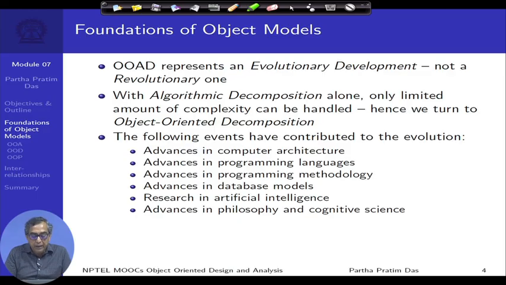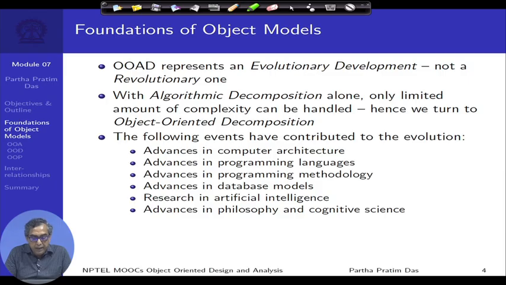Historically, we just took one discourse in terms of the evolution of programming languages. In parallel, a similar discourse you could study, but there is want of time, so I could not cover them all in the historical perspective. But if you track in a similar way, object oriented analysis and design is a direct fallout of advances in computer architecture, which has made it possible that different object based and object oriented features can be brought into the computing system.